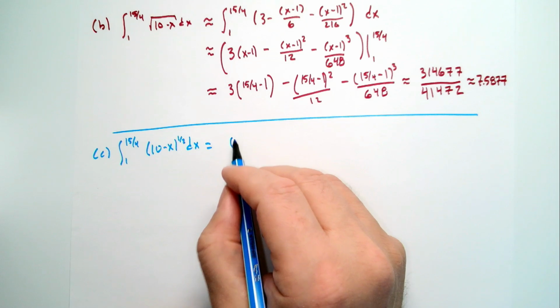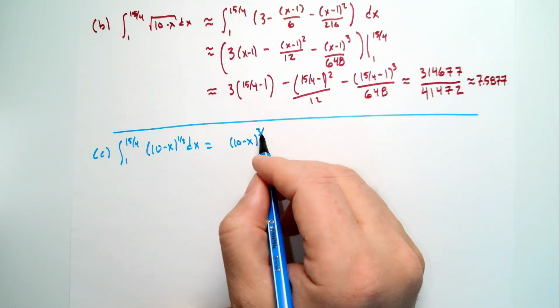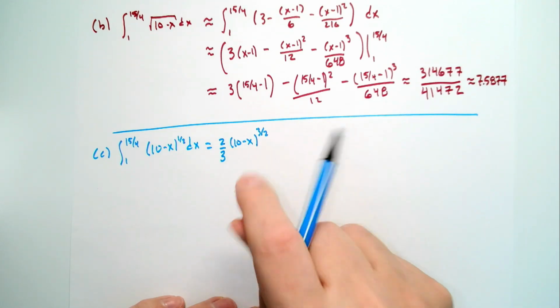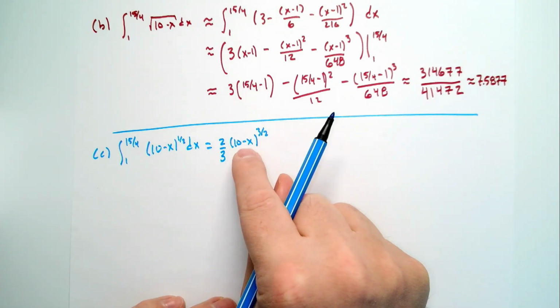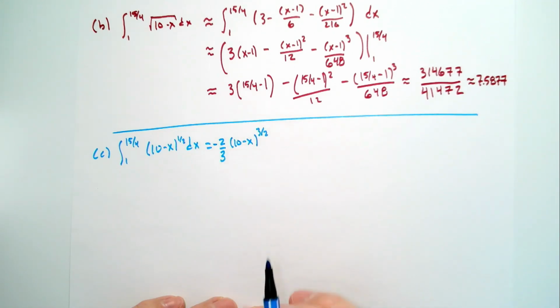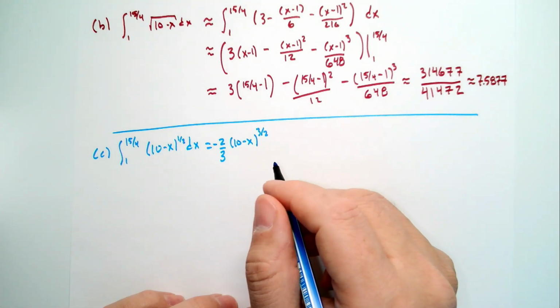It's because the inside is essentially 10 minus x. This would be 10 minus x, add 1 to the exponent, 3/2, multiplied by the reciprocal, 2/3, and then you have to account for the inside. You have to account for that negative. So put a negative in front. So minus 2/3 times 10 minus x to the 3/2 power. That's the antiderivative. Okay, all right, that's not so bad.